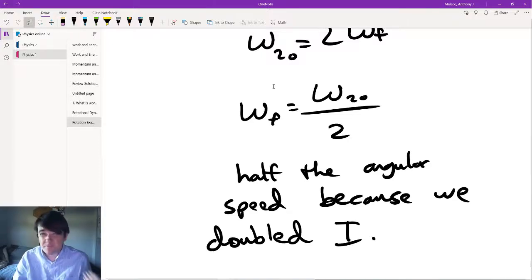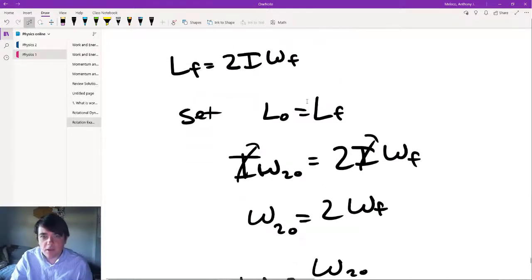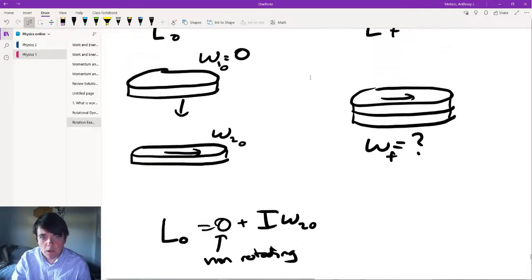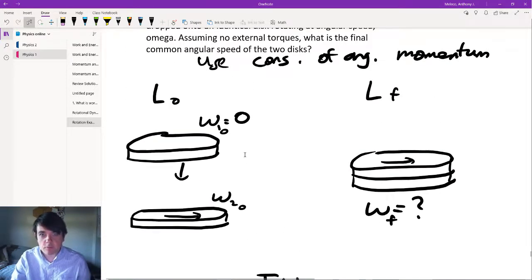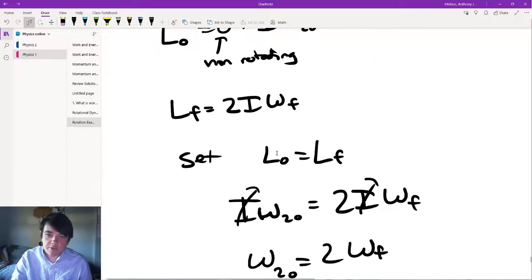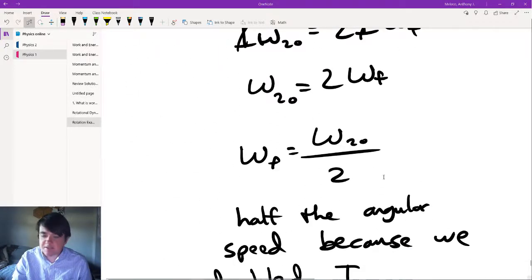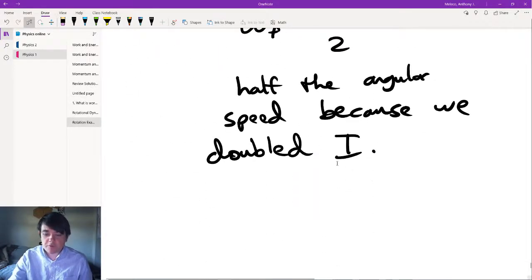Okay, so we doubled the angular mass, and that halved the speed. Just like it would if we were doing regular momentum with a cart. So anyway, that's all of the examples I have for rotation for now.